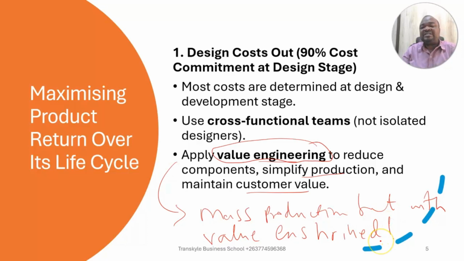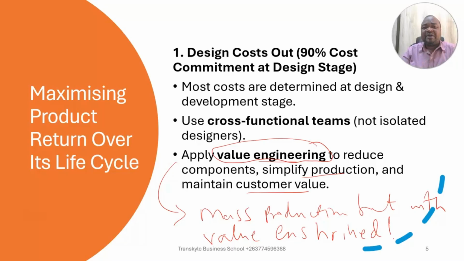We have to ensure that the product can be produced through mass production, but at the same time maintaining the value the customers would want. For example, in car production, even the most expensive Mercedes-Benz is being produced through mass production. We ensure that there is consistency in production.